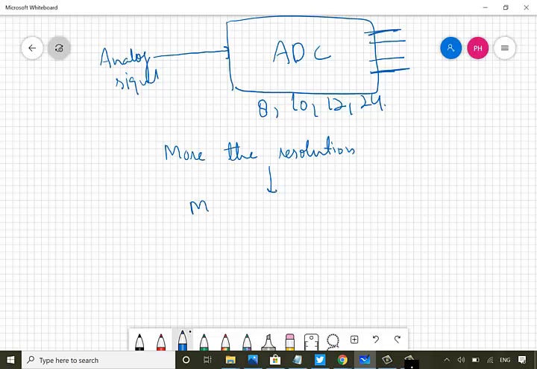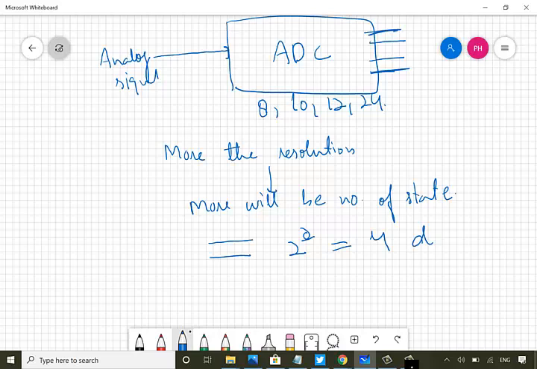More the resolution, more will be the number of distinct states. For example, if number of bits is only 2, then we can have only 2 raised power 2, that is 4 different states.